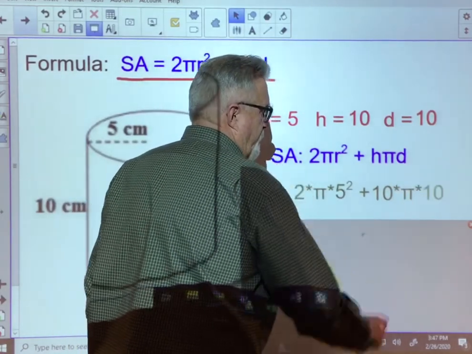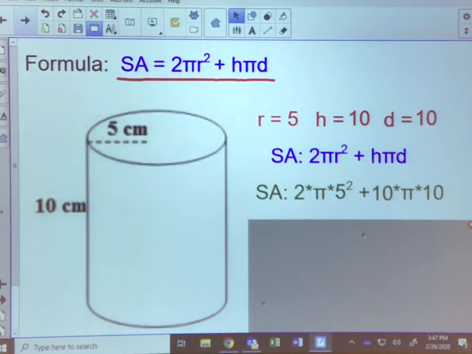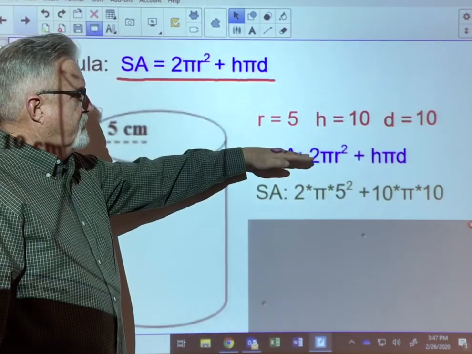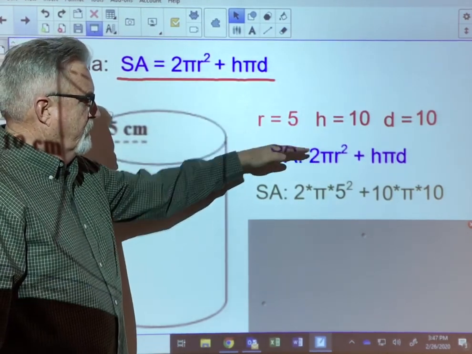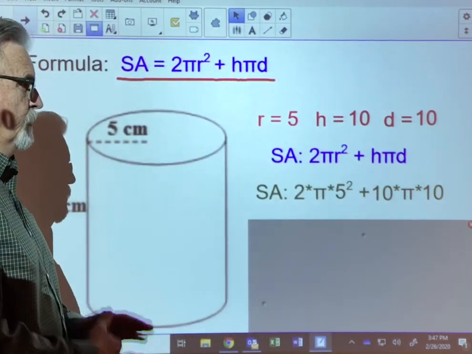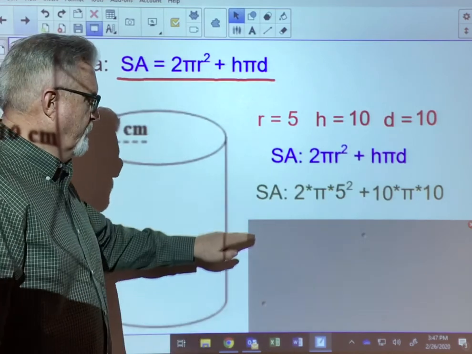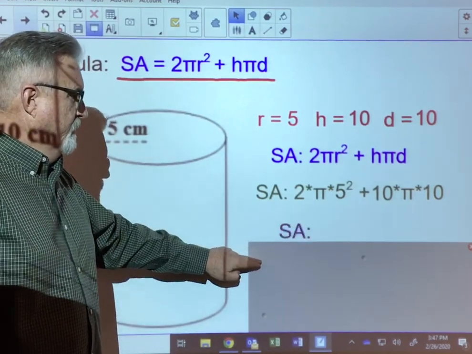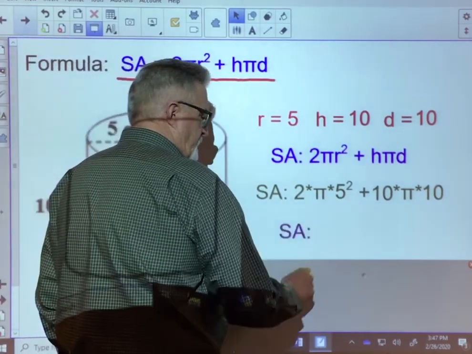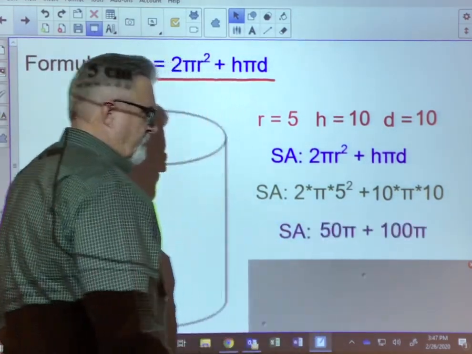The diameter was also 10. So all we've done is taken the information we've already had and substituted it into our formula. Now we're going to take our trusty calculator, and it's going to do the majority of the work for us as long as we plug it in correctly.